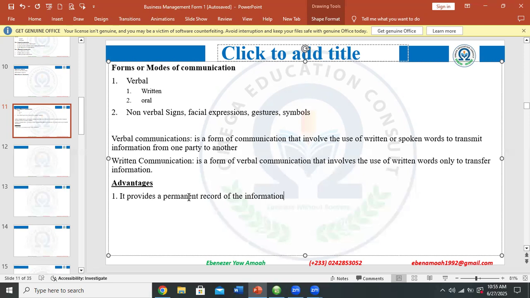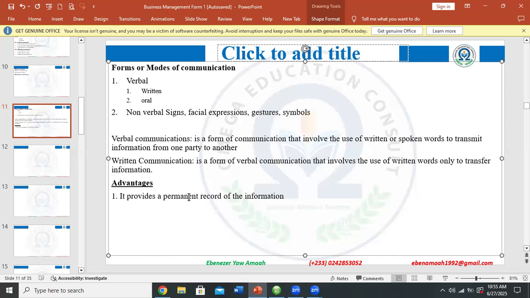Some of us still have letters that we receive from friends, because it was put in record form. For that matter, it is always available to us. So it provides a permanent record of the information which can be referred to, for future reference.